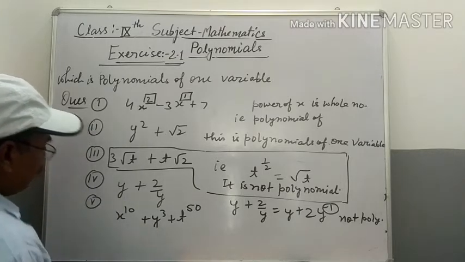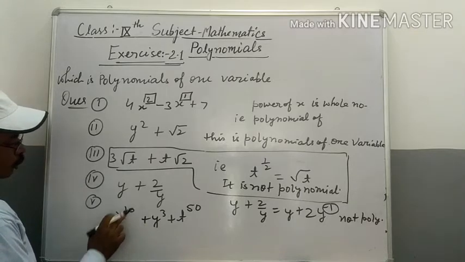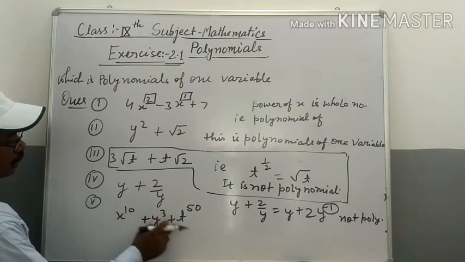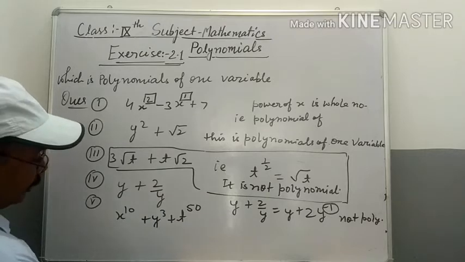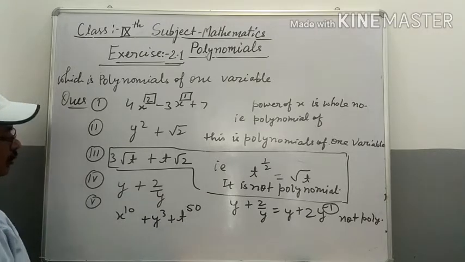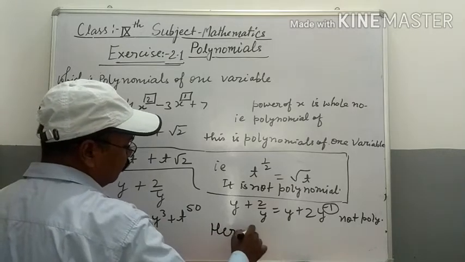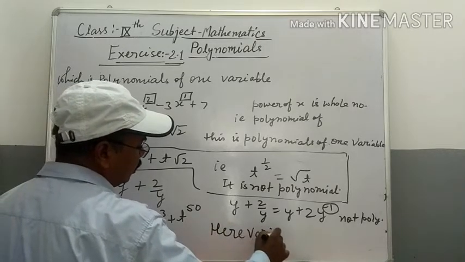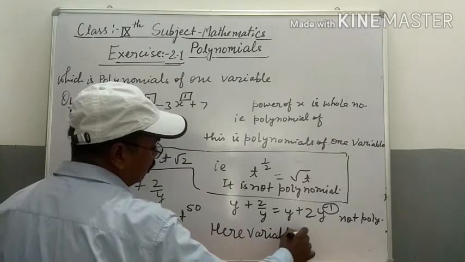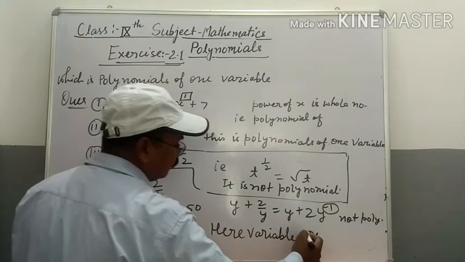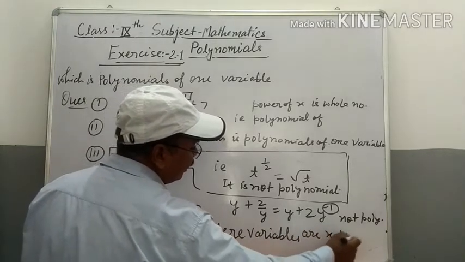In the last question, the last polynomial, x to the power 10, y to the power 3 and t to the power 50. It means, students, here the variables are x, y and t.